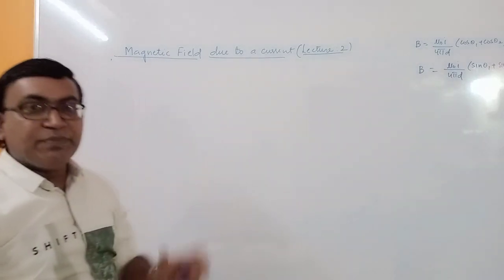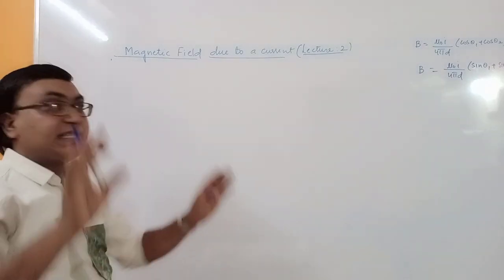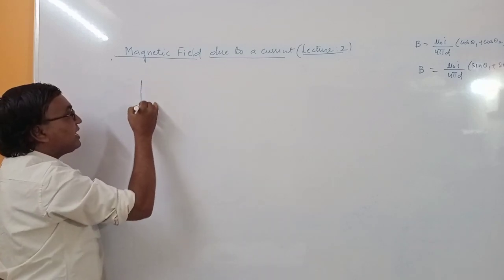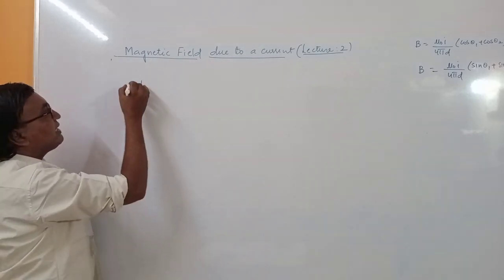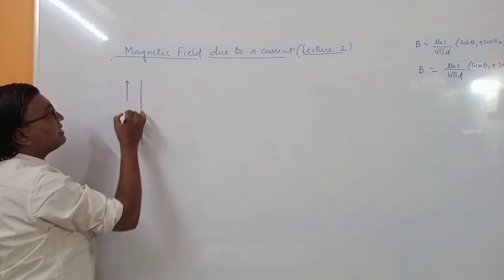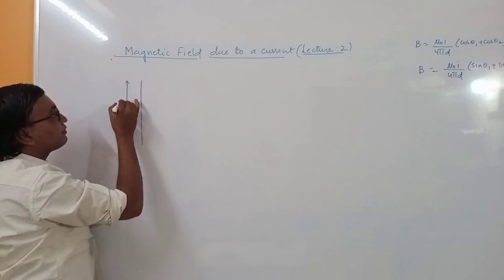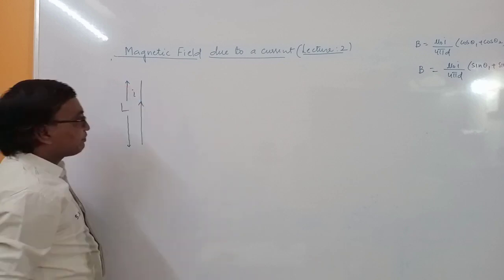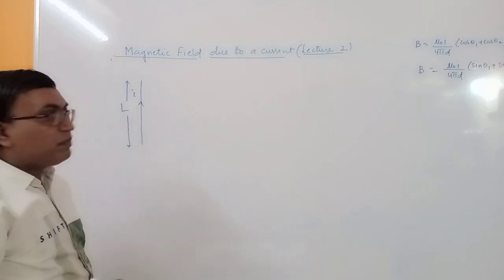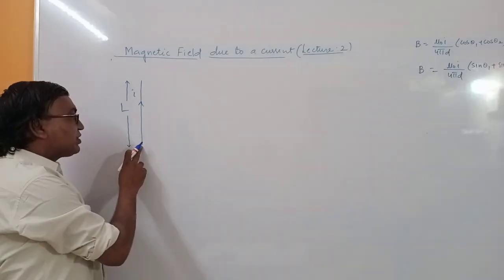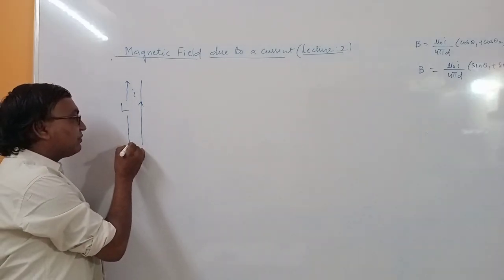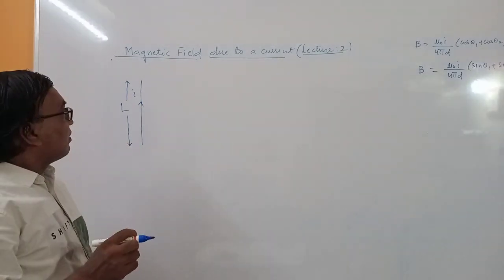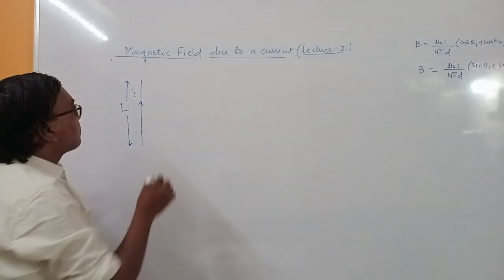So let us take a simple problem. The simple case is, you have a straight conductor of finite length L, carrying a current I. We have to find the magnetic field due to this straight finite length conductor on the perpendicular bisector.